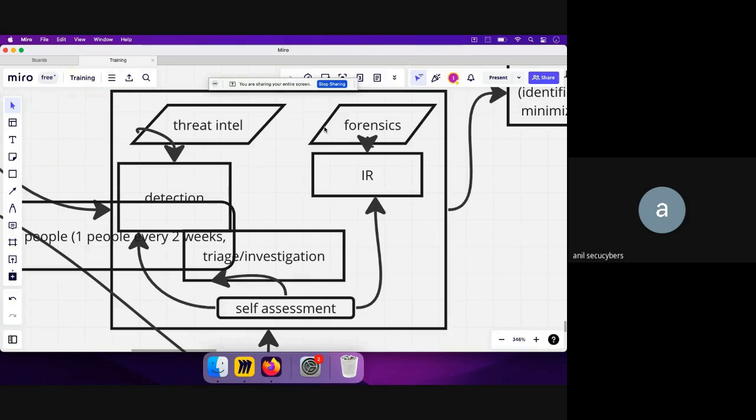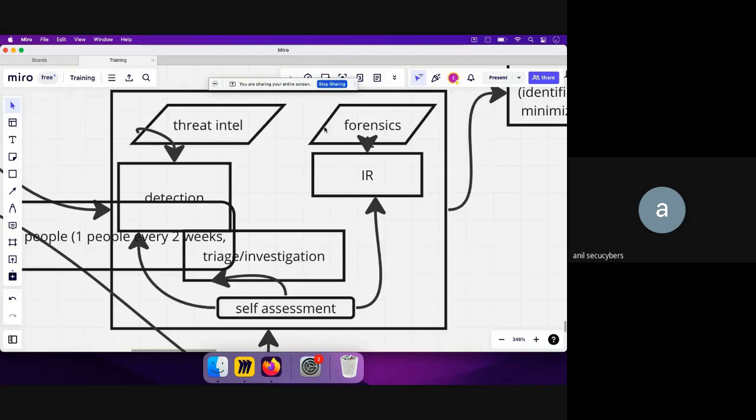Whenever there's a very large-scale incident, we ask them for help with the forensics. If not, and the SOC team in a company is tiered, separated into tier one, two, and three, then the tier two and three analysts will be doing the forensics work.